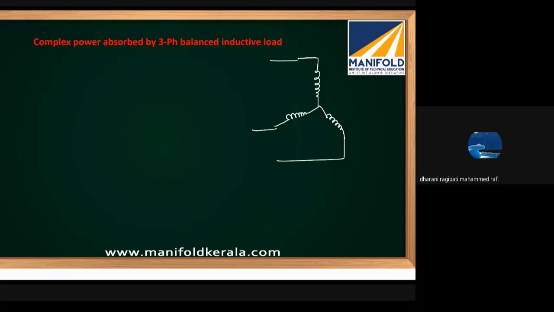So the inductive impedance will be j omega L, j omega L, j omega L. This is a line to line voltage VL. Then the complex power transfer formula is VL square by ZL conjugate.